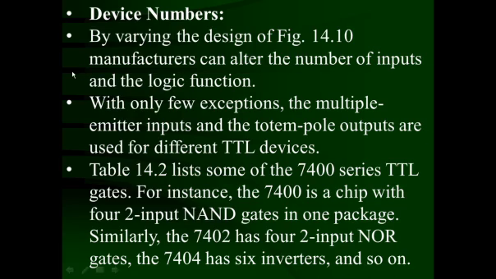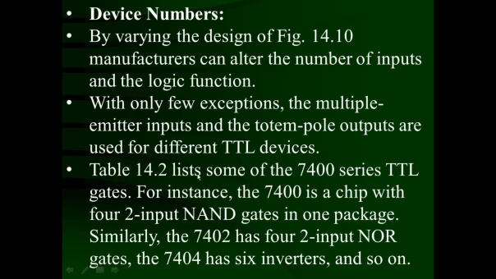Device number. Now, by varying our standard TTL, Texas Instruments has produced the NOR gate, the AND gate, OR gate, NOT gate, etc. And the nomenclature also changes. By varying the design of figure 14.10, the manufacturer can alter the number of inputs and logic functions. With only a few exceptions, the multiple emitter inputs and totem pole outputs are used for different types of TTLs.